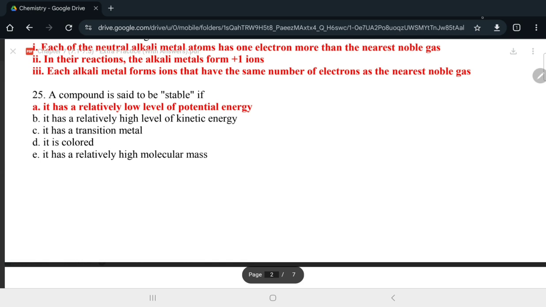A compound is said to be stable if it has low potential energy. This is true. The less energy, the more stable. Not any type of energy, specifically potential energy. High kinetic energy, no. Transition metals, no. What does that have to do with it? Colored, no. High molecular mass, of course not. Transition metals are related to being colored, but they're both not true.